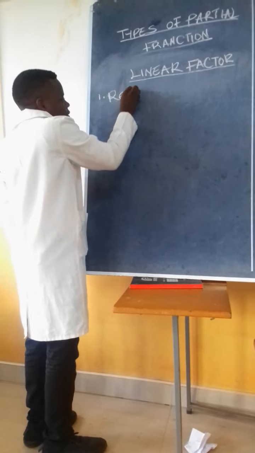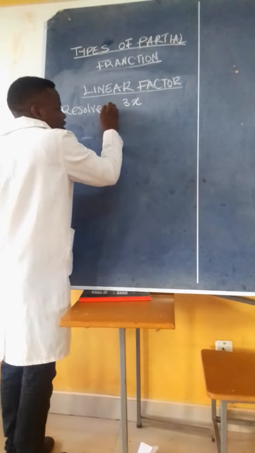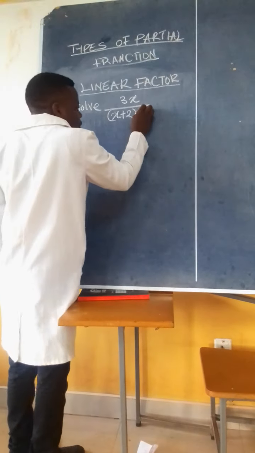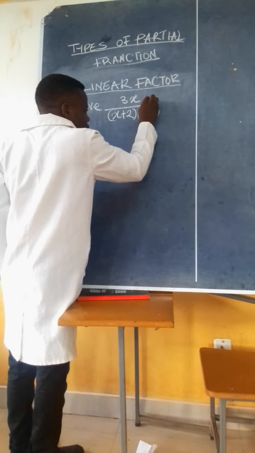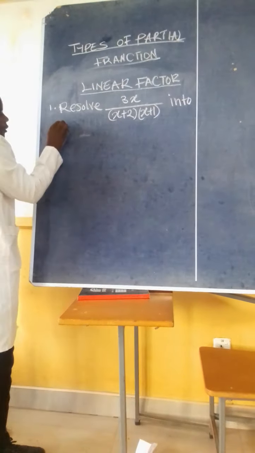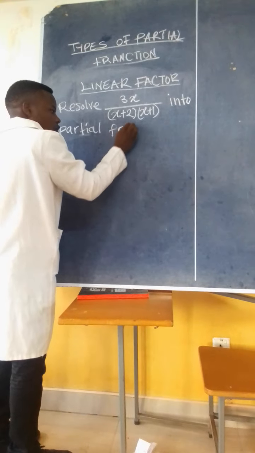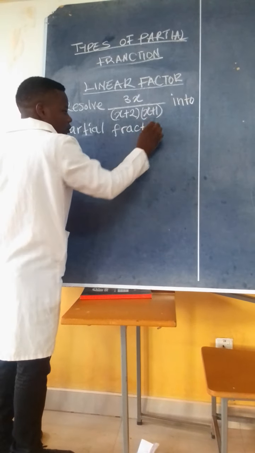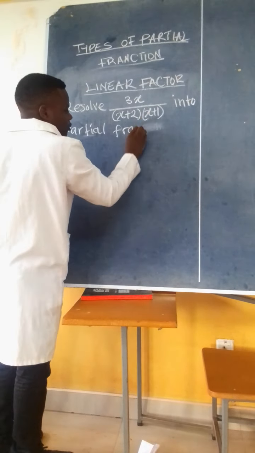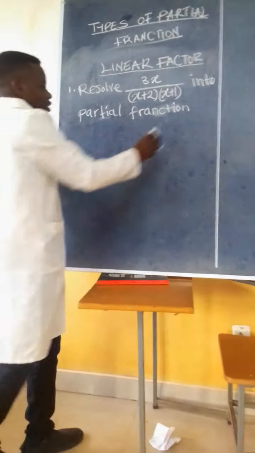Resolve 3x over x plus 2, x plus 1 into partial fractions. Okay, I made a mistake.